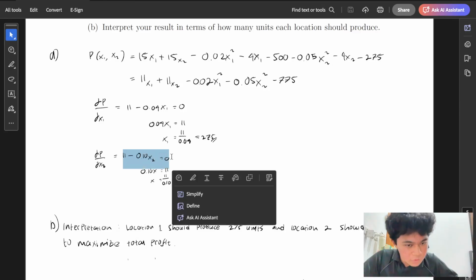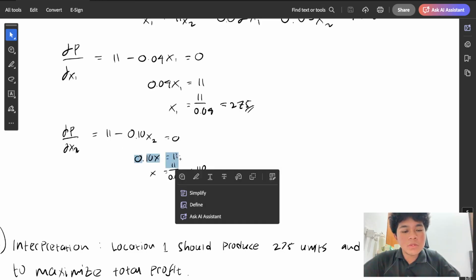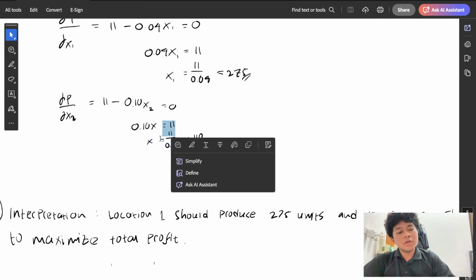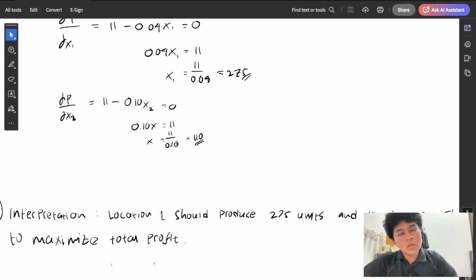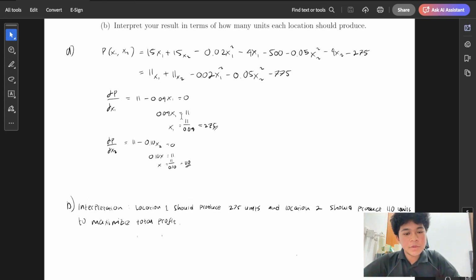We set this also equal to 0, and after that we substitute: minus 0.10 x2 is equal to minus 11. So we just reverse it to make it positive. So x2 is equal to 11 divided by 0.10, which is 110. So this is the final result.